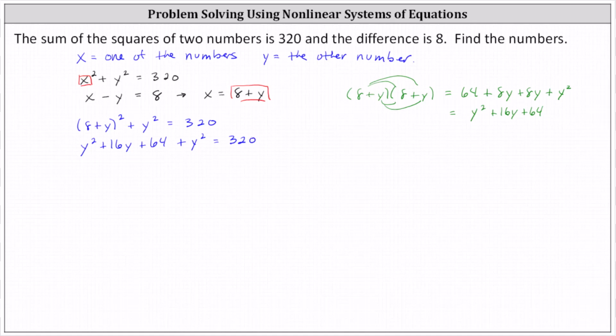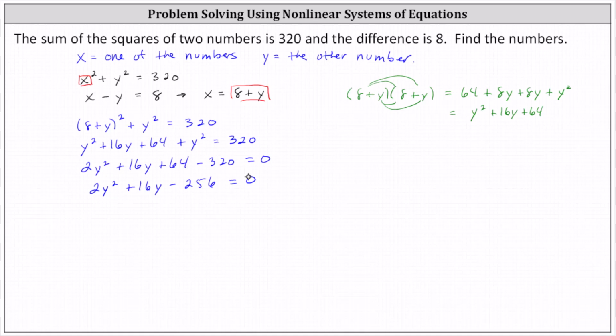On the left, y squared plus y squared is 2y squared. We have plus 16y plus 64. And then if we subtract 320 on both sides, we have minus 320 equals 0. Let's simplify again. We have 2y squared plus 16y, and then 64 minus 320 simplifies to minus 256 equals 0.